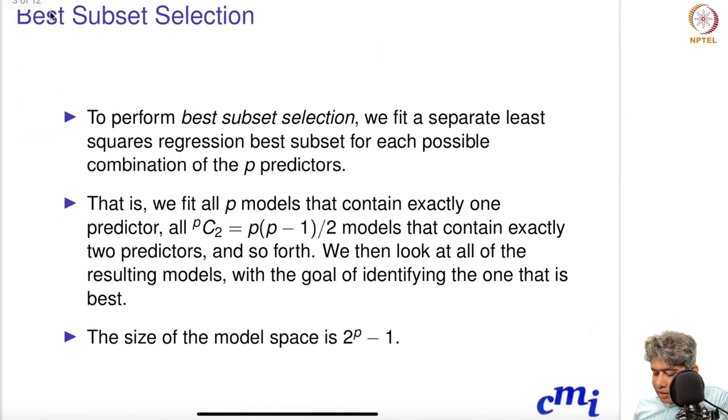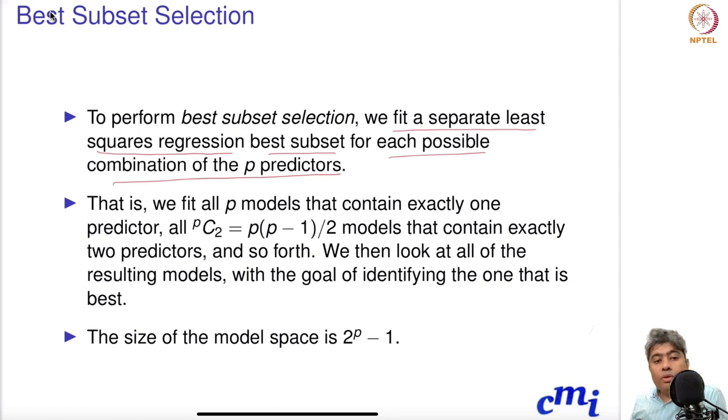So the first thing I will talk about is best subset selection. To perform best subset selection, we fit a separate least squares regression for each possible combination of the P predictors.